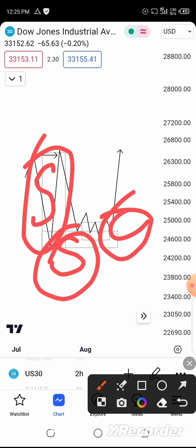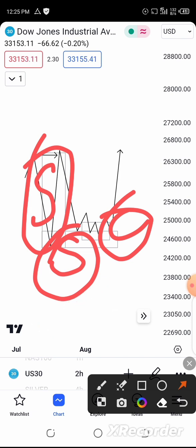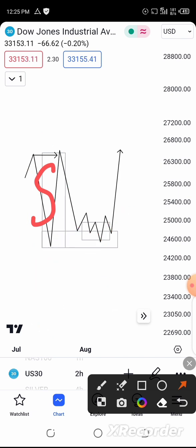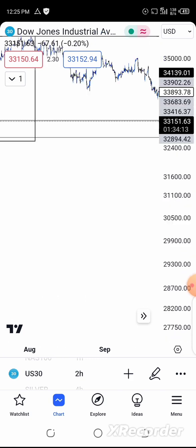Remember, you are trading it with the context of the higher time frame to the lower time frame. Sorry for that. So you're trading it along the context of the higher time frame. You're merging the higher time frame with the lower time frame, you are trading probability. So it's really important that you trade it in the context of the market.